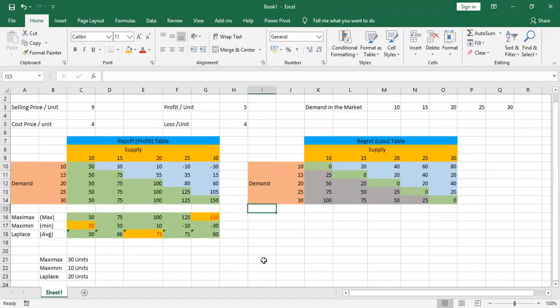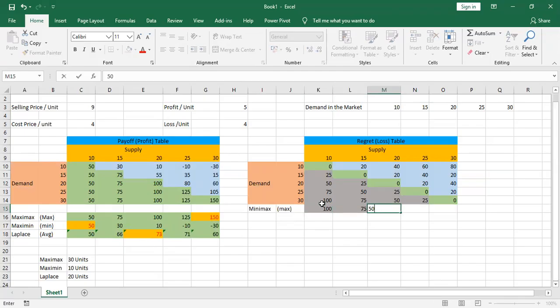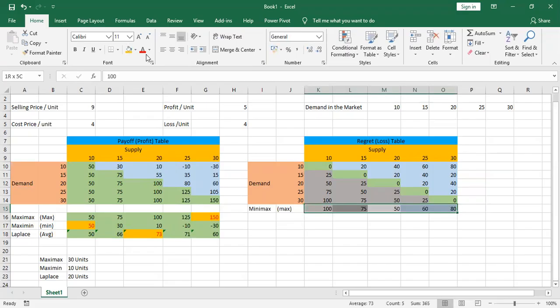Now the next is what? In case of regret, there is only one criterion, that is minimax. So you will find the maximum value of each row: 100, 75, 50, 60 and 80. These are known as losses.